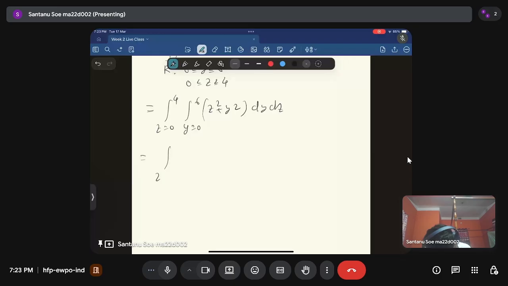Okay, so this is 2z cube plus 72z from 0 to 4.